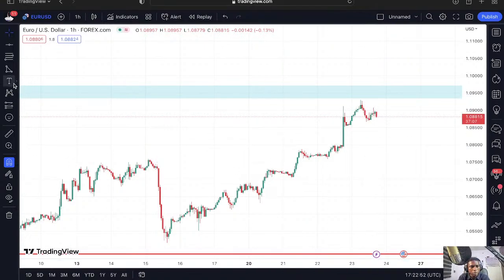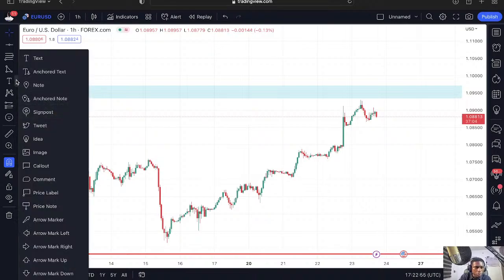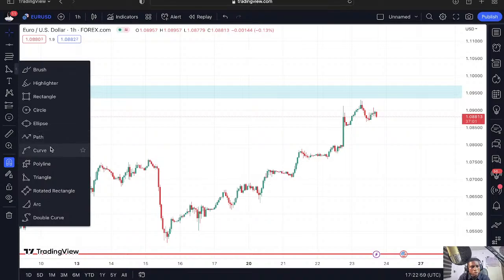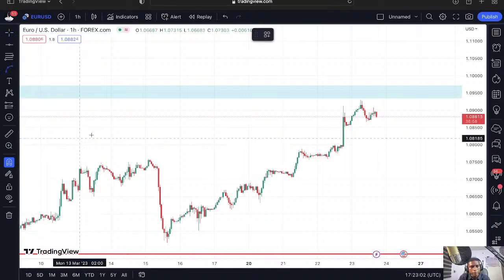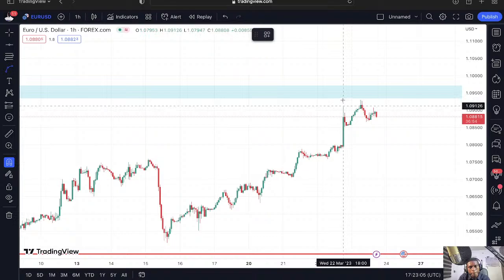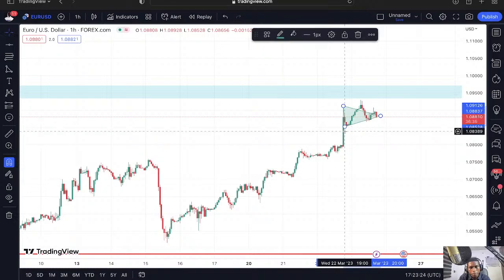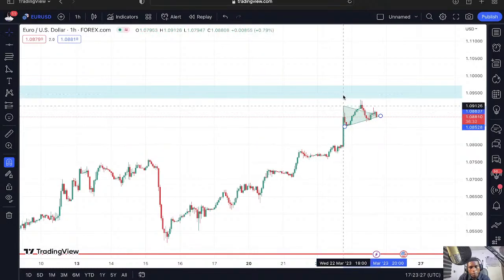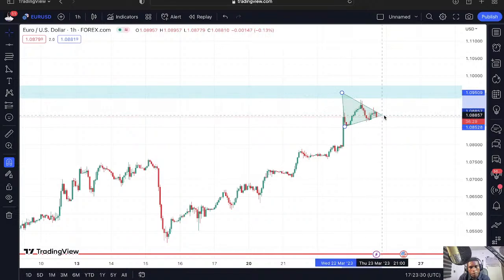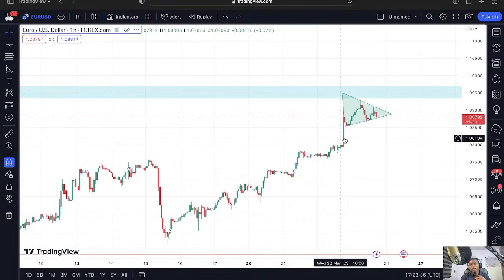Let me get this shape together. I want to show you the bullish wedge flag. Good. So this is a bullish wedge flag, yeah?